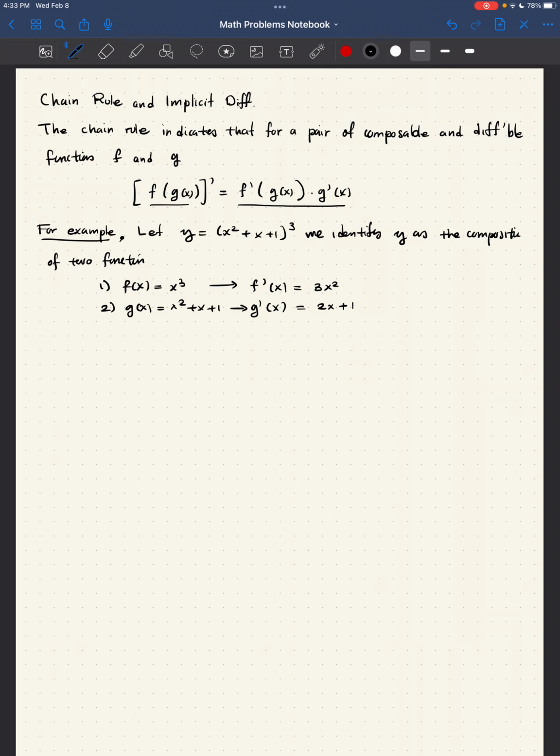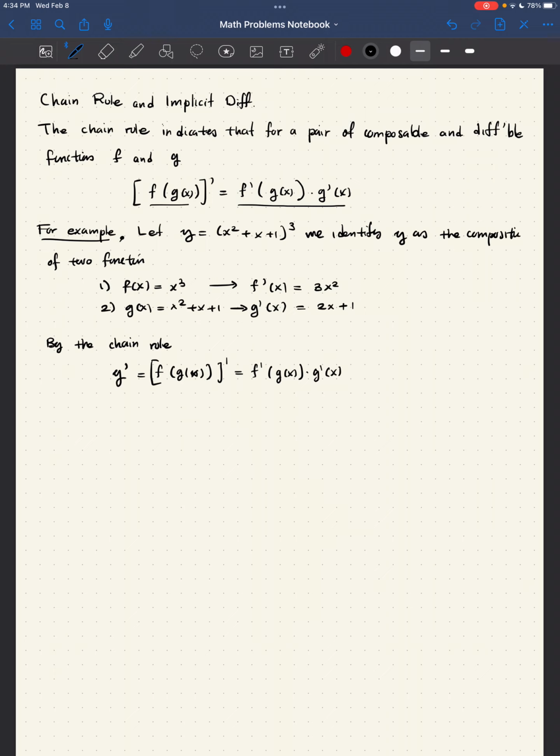Okay, so by the chain rule, we have y prime equal to (f of g of x) prime, which is given by f prime at g of x times g prime of x.